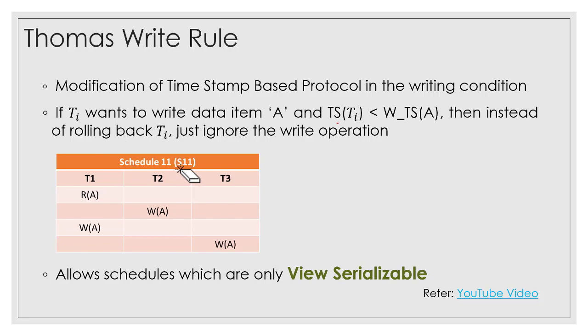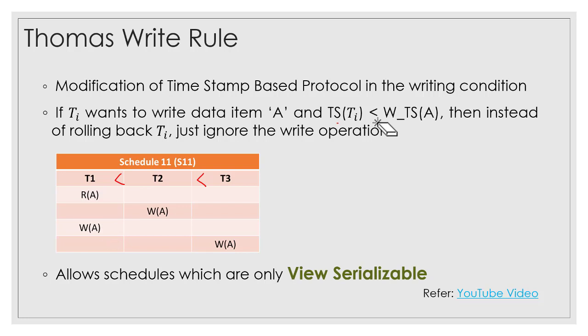So consider schedule 1. If we are not considering the Thomas write rule, we are considering the pure timestamp based protocol. Suppose 1, 2 and 3 are my timestamps. So obviously T1 has a lesser timestamp than T2, and T2 has a lesser timestamp than T3. As you can see, transaction 2 has written a data item, then transaction 1 is trying to write that data.